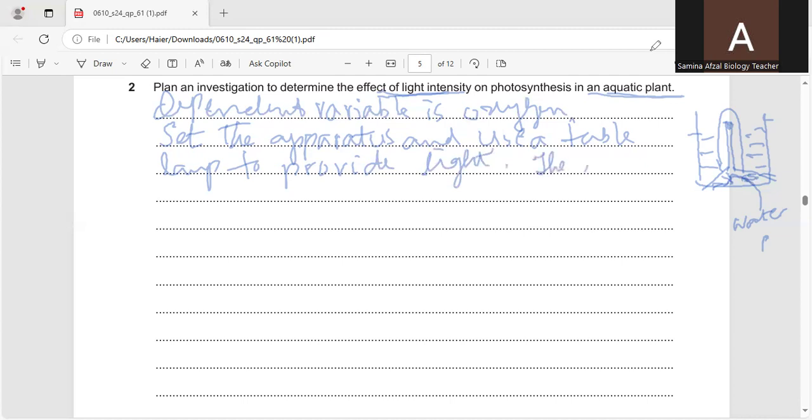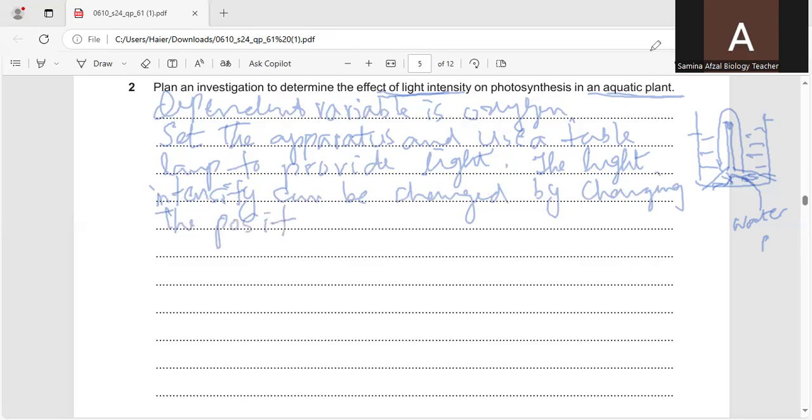The light intensity can be changed by changing the position of the lamp from the apparatus.